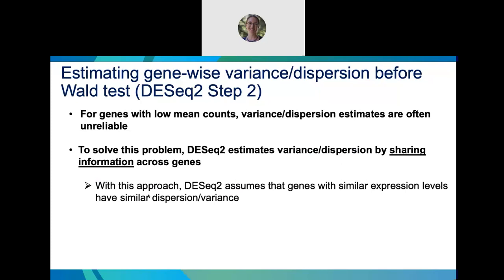So DESeq2 is assuming that genes with similar expression levels are also going to have similar variance. So DESeq2 then just shares information across genes with similar expression levels to impute or estimate the correct variance for genes that have lower mean counts.